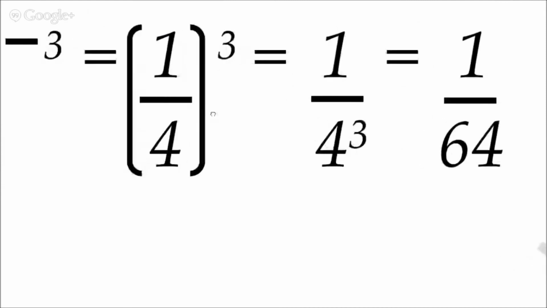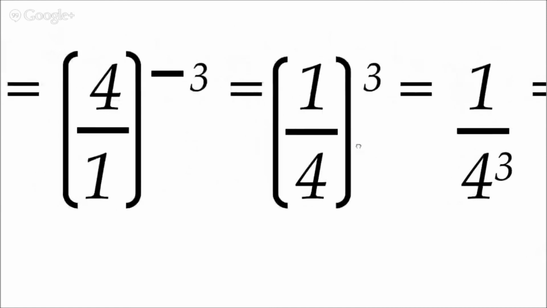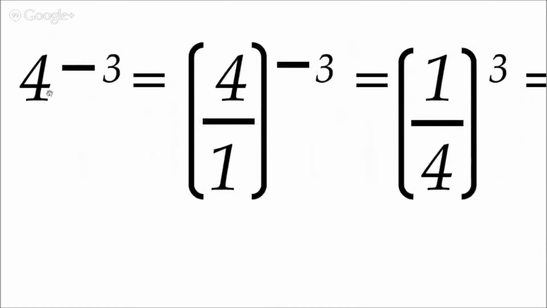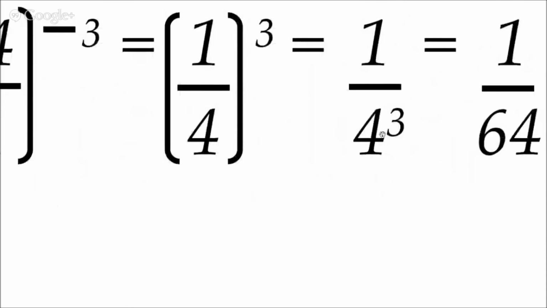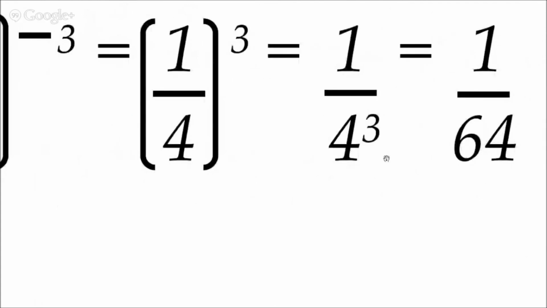Now there is something else that's important to say, and that is you can go straight from 4 to the power minus 3 to 1 over 4 to the power 3. If I had, say, 5 to the power minus 3, it would become 1 over 5 to the power 3.